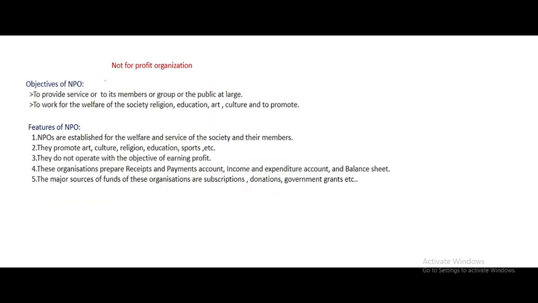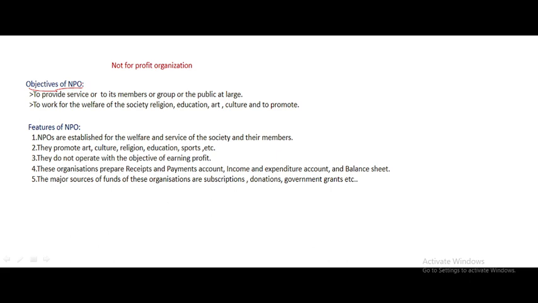Now, next slide. Objectives of not for profit organization. First objective of NPO is to provide services to its members or group or the public at large without aiming at profit.